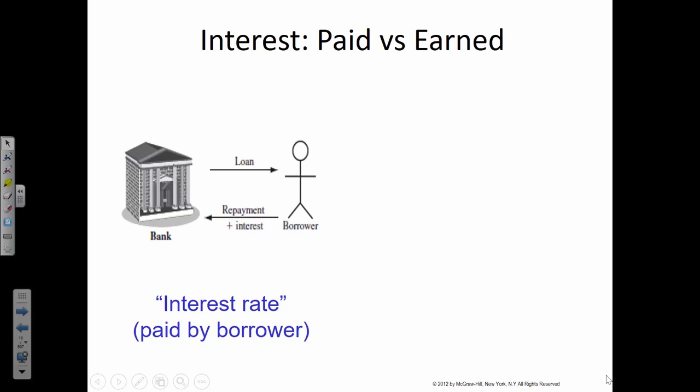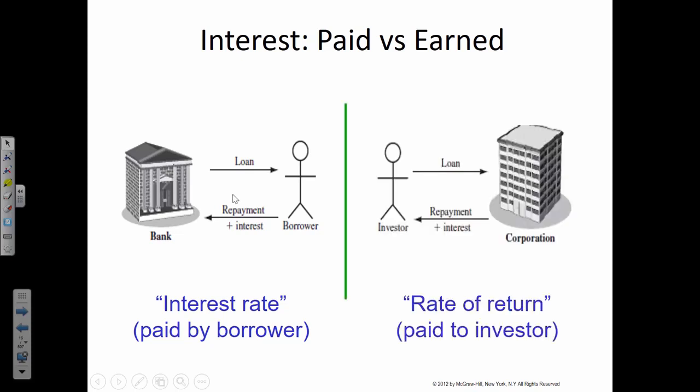Now, interest rate can be thought of as the annualized percentage of the privilege that's paid for borrowing money. And so if you've got a borrower who's taking a loan, what they have to give back is the repayment of that original principal, which is the original amount that was borrowed, and interest. But from the perspective of the person who's investing or loaning the money, sometimes we call it the rate of return rather than interest rate.